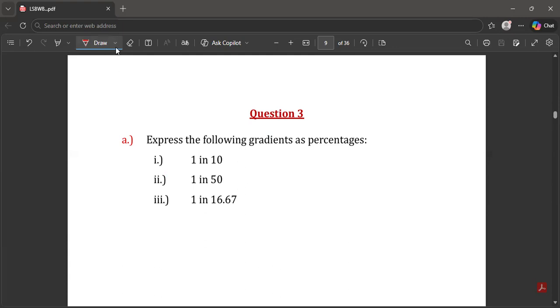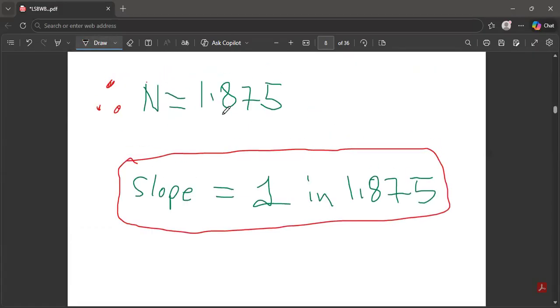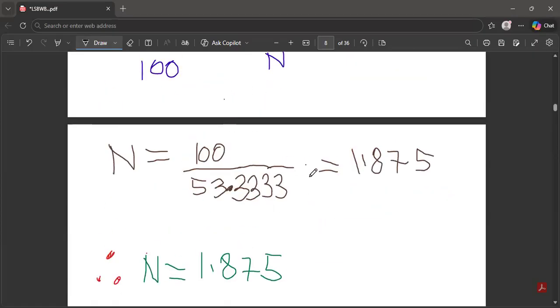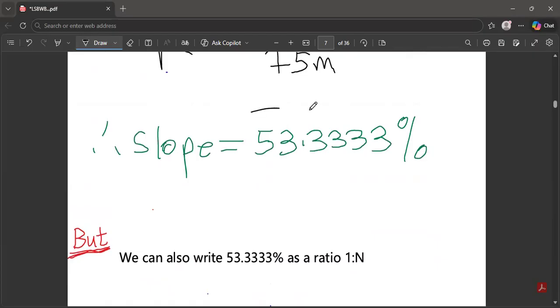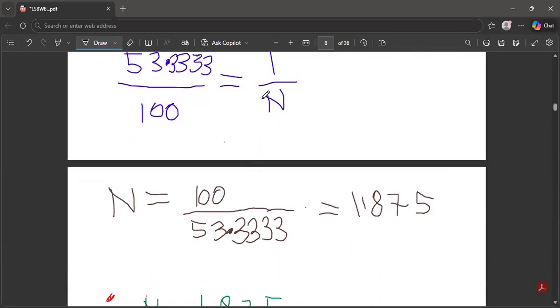Can you see this over here in the question? It says express the following gradient as a percentage. When you see this one, it's like what we saw. We had the answer as a percentage, but at the end of the day, we want to express it as 1 in something.